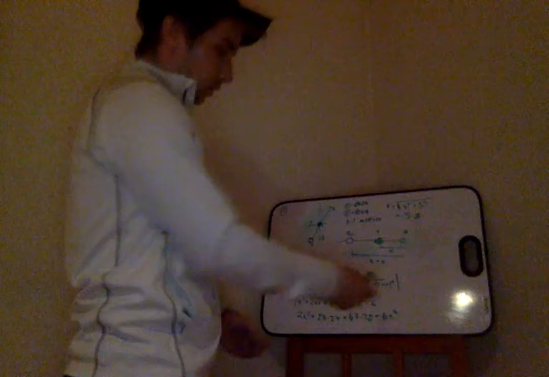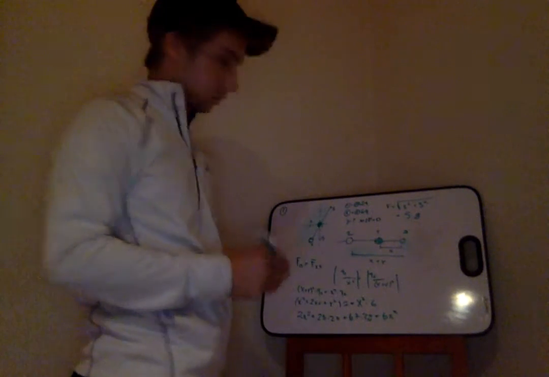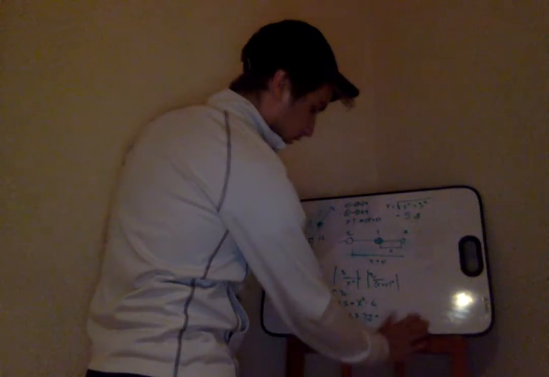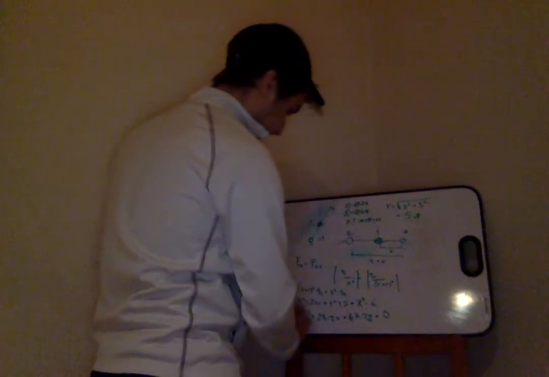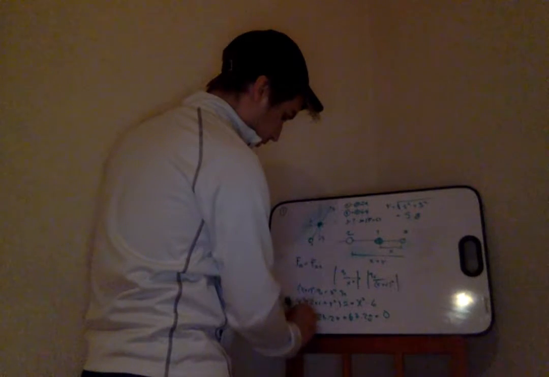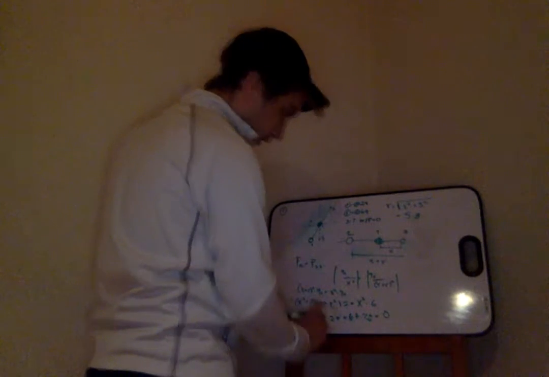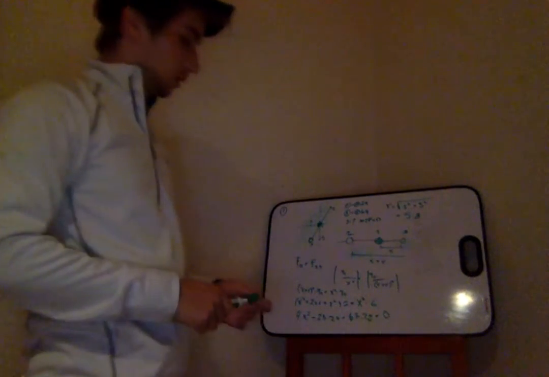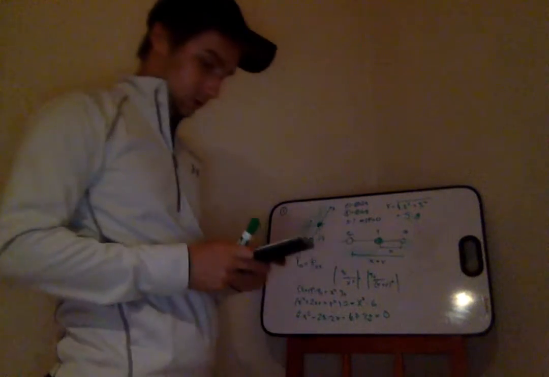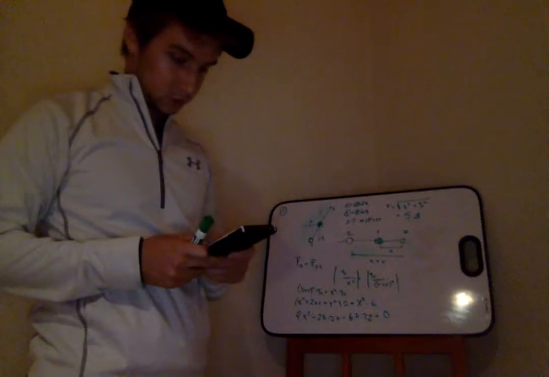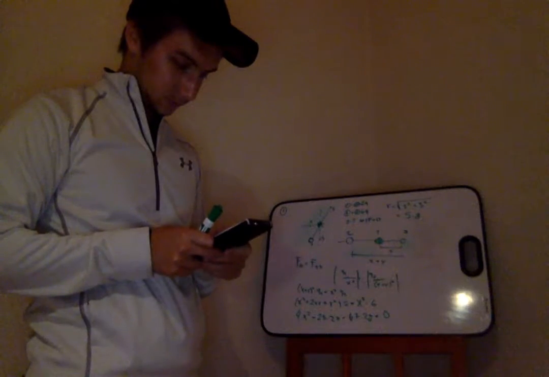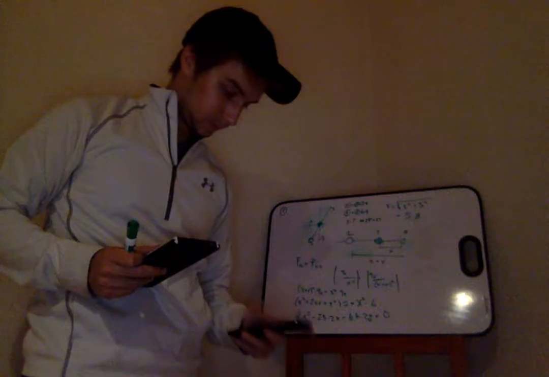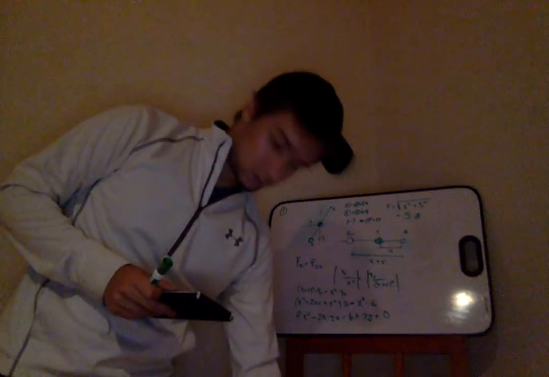If we set this equal to 0, we would have 4x squared minus 23.2x minus 67.28.